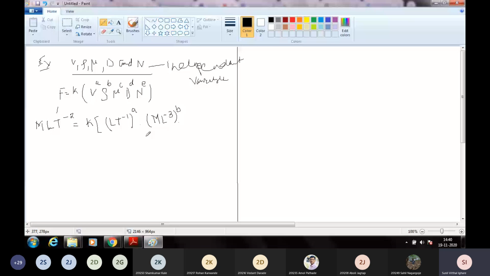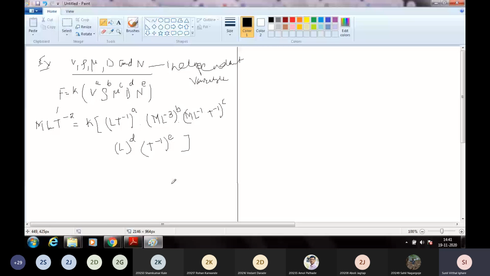If you do not remember it, first simplify how to write the viscosity, then write it here: M L raised to minus 1 and T raised to minus 1, whole raised to C. Then D, the diameter, which we can write as L, whole raised to D. Then E, the rotational speed N, so T raised to minus 1, whole raised to E. Bracket close. So these are the simplified forms.